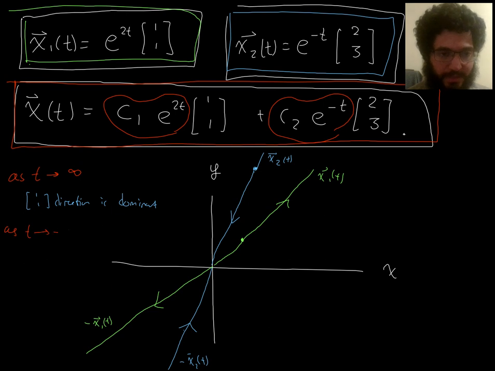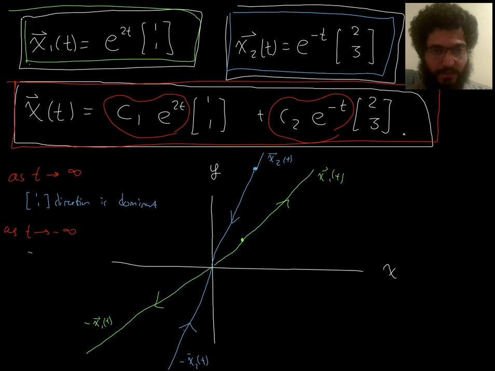And what about when we look into the distant past? What direction used to be dominant? So in the distant past, as t becomes more and more negative, so imagine putting in t equals negative 1 billion, then this term would be e to the negative 1 billion, so it would be very large. And this term would be e to a very negative number, so it would be very small. This would dominate, right?